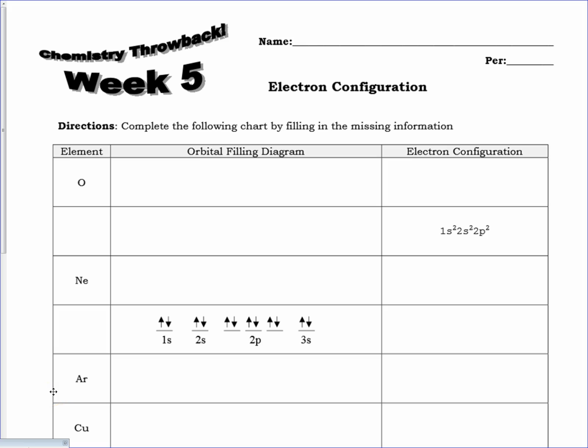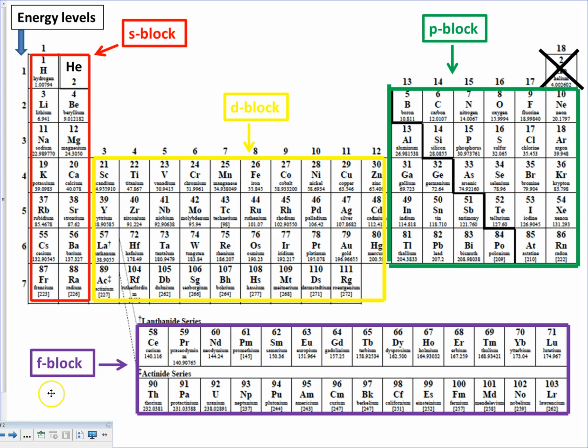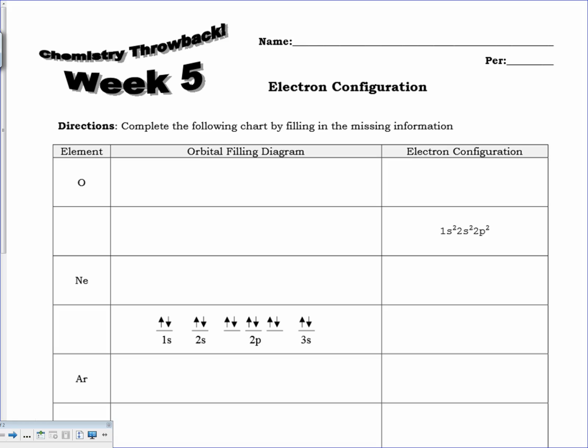Number one, we're looking at oxygen, so you have to find oxygen in the periodic table. It is right here, in the P block, second row, so we know we're going to end up in 2p. To get to 2p, we have to go through 1s, 2s, and then we end up in 2p.